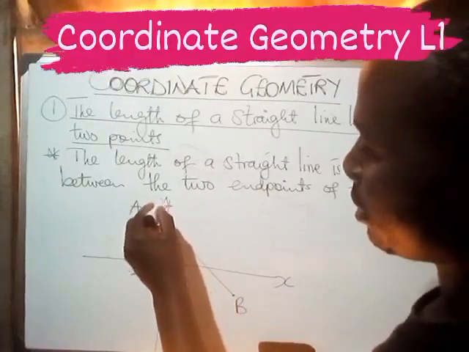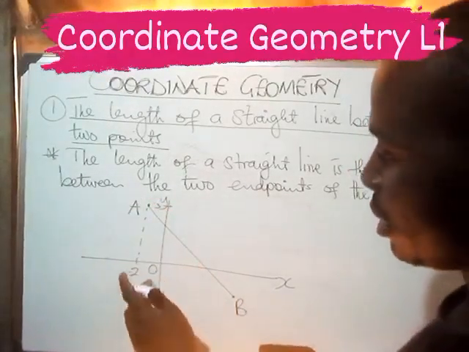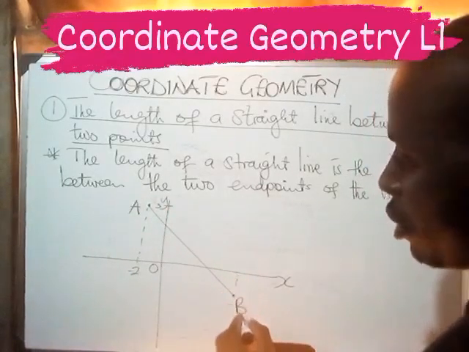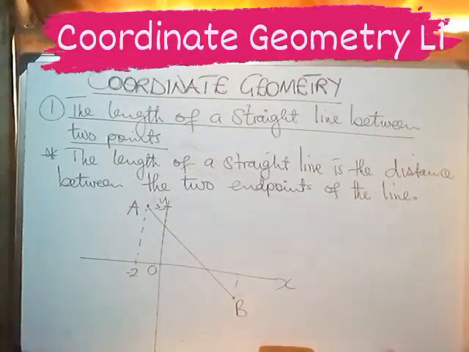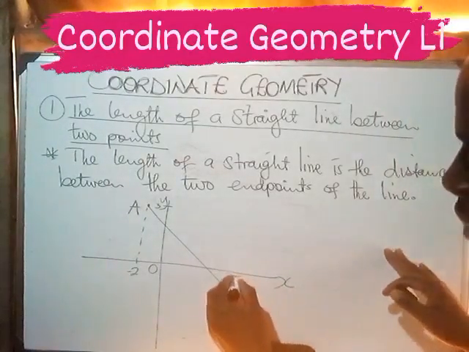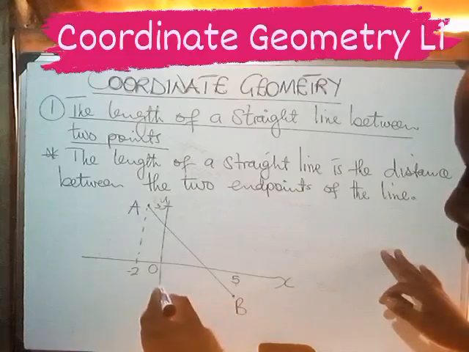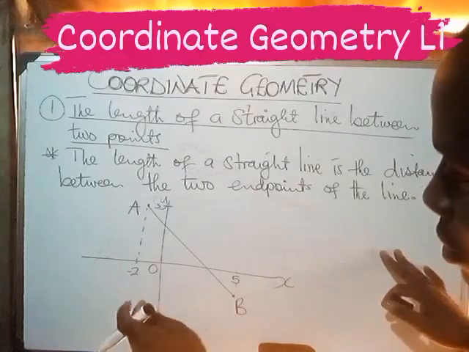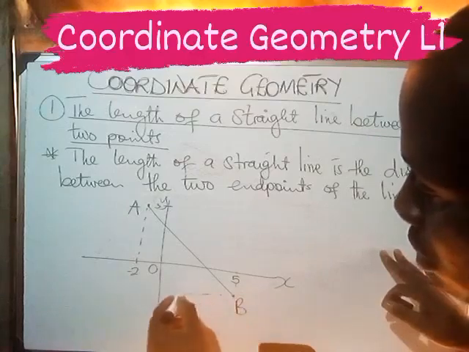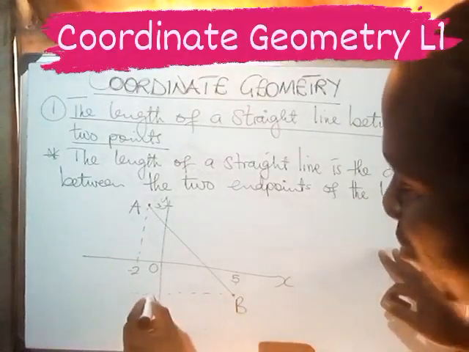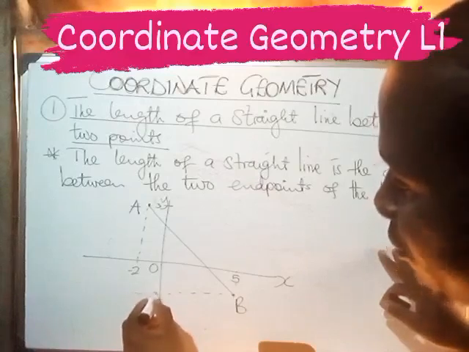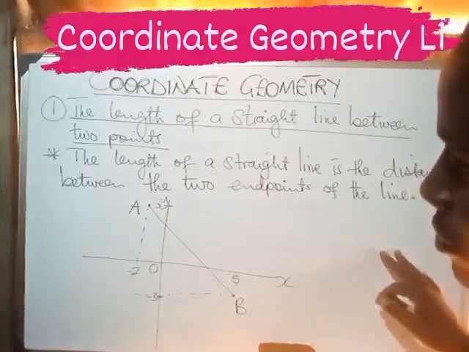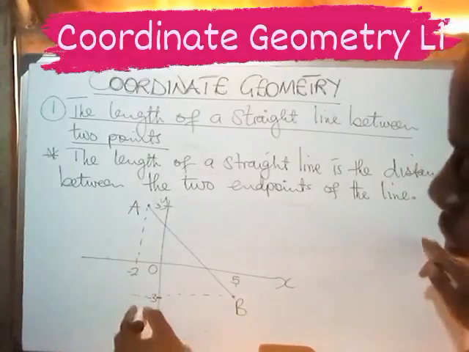Then there, I can put any coordinate, maybe I say 5. Then what is my coordinate there? Maybe I can name this one as -3. So this is what I have.